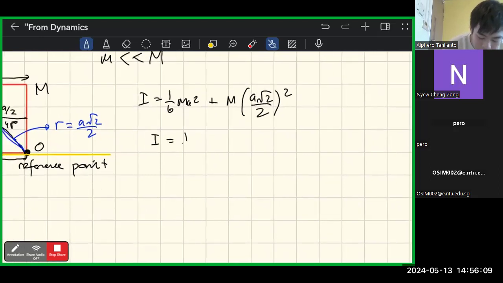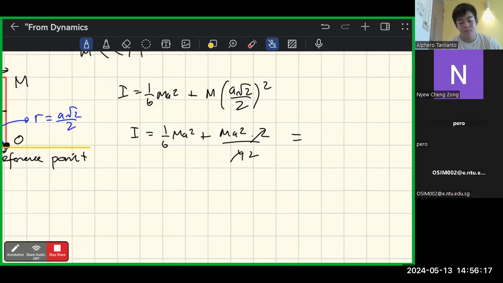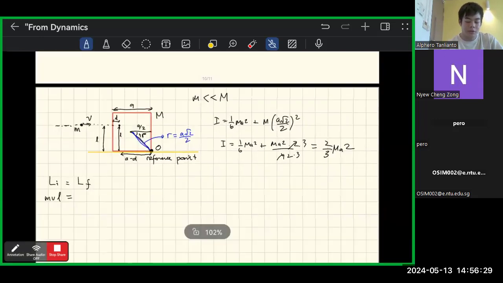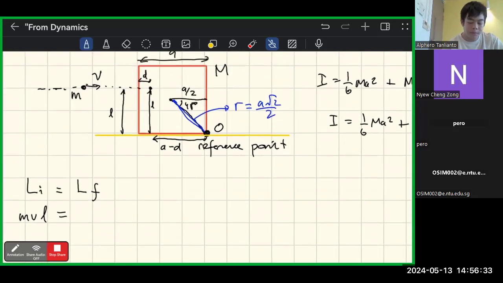So ma squared added by ma squared times 2 over 4, it's half, then it's 4 over 6, is it? Because it's times 3. Yeah, it's 4 over 6, it's 2 over 3 ma squared, the moment of inertia.